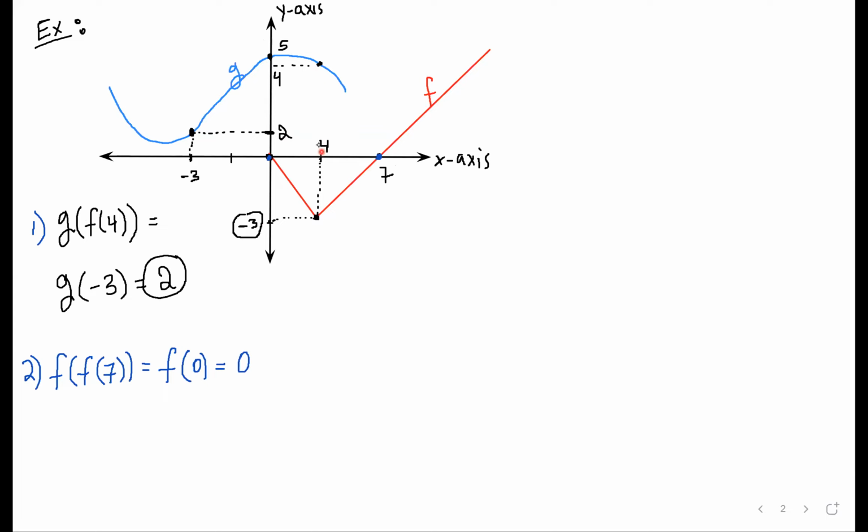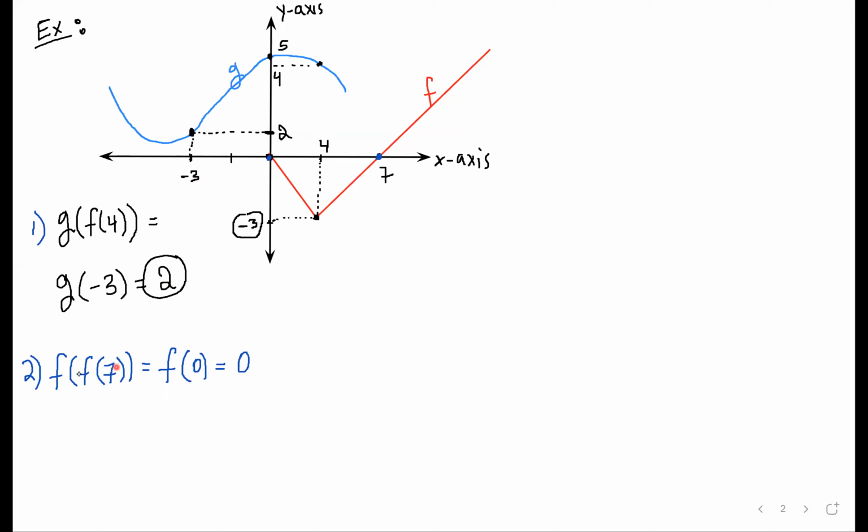The y value is -3. So instead of f of 4, you plug in g of -3. Now you go to -3 and find the g value, the blue function. The y value for g shows here 2. So the answer is 2.